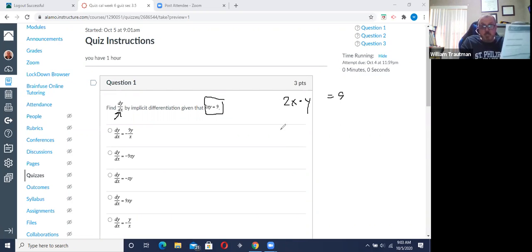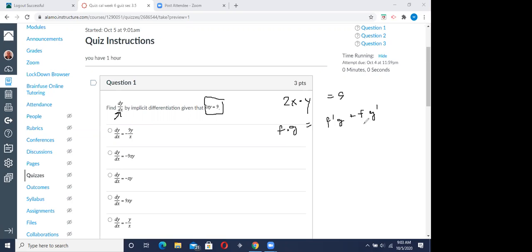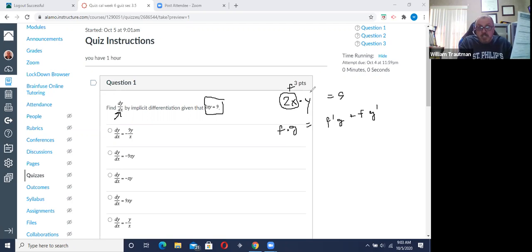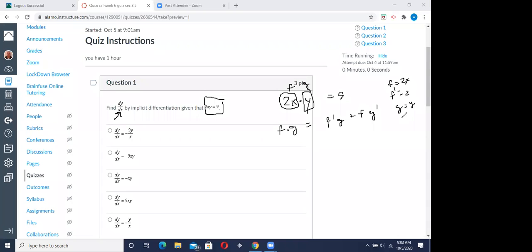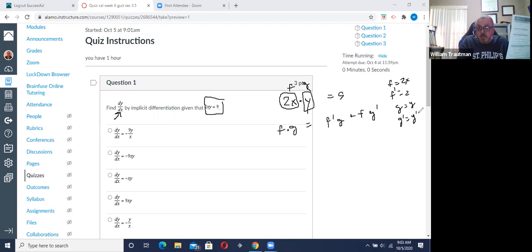The product rule, I'm just going to write it down, is (F times G)' equals F prime G plus F G prime. So if I call this F and this G, F equals 2x, F prime equals 2, G equals y, and G prime equals y prime.